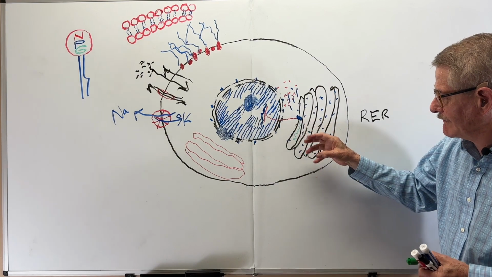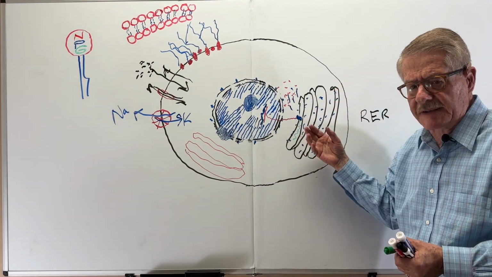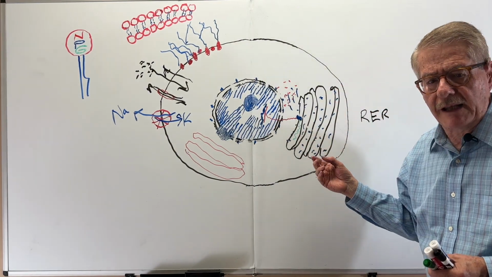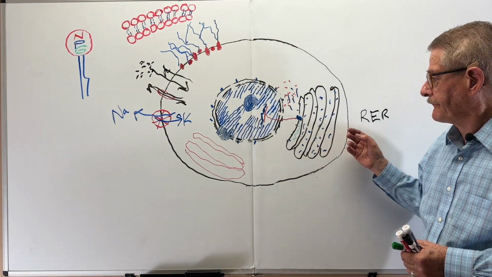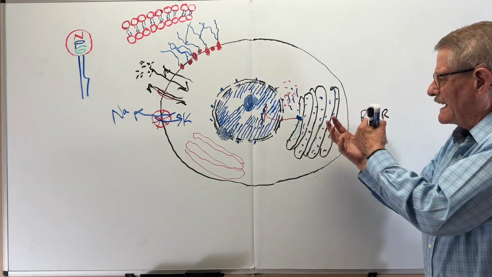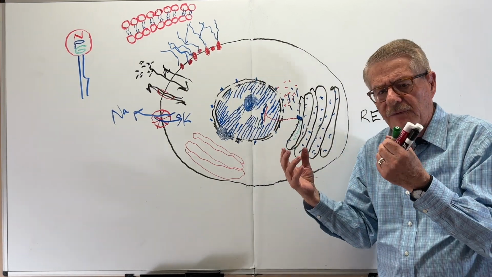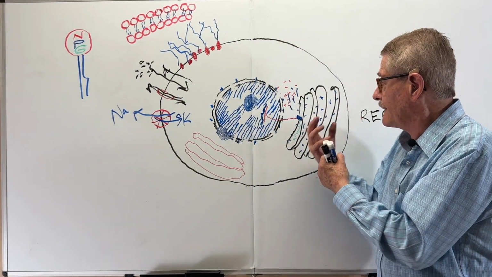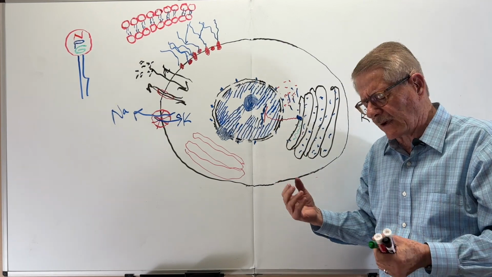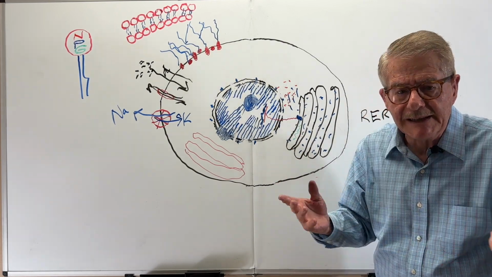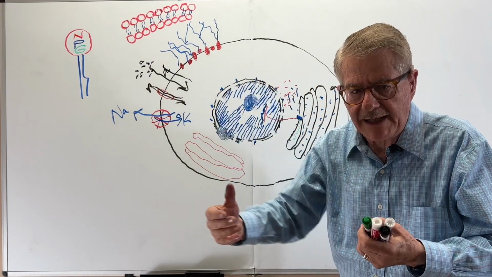Now, through multiple processes in the ribosomal RNA, the protein is going to be modified in its tertiary and quaternary structure. Sulfate bonds are going to be introduced, but we have to go ahead.